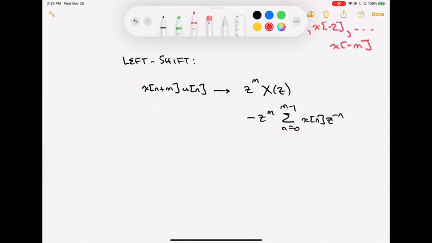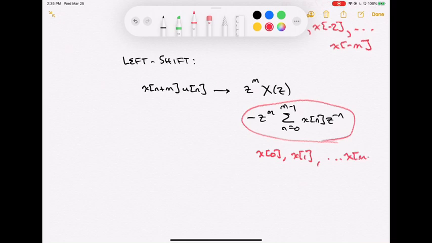So we get something that's a lot like those initial conditions. These extra terms in there, basically, if you look at the terms, there's an x of 0 and there's an x of 1, and it goes all the way out to an x of m minus 1. And what we're doing is basically getting rid of the impact of those points as they related to my original transform.